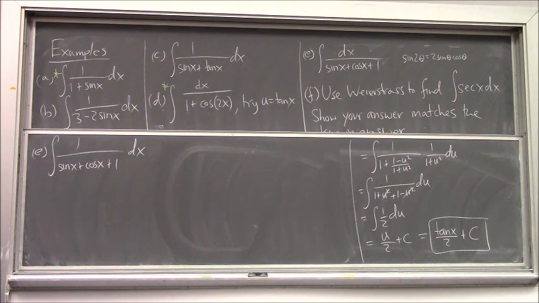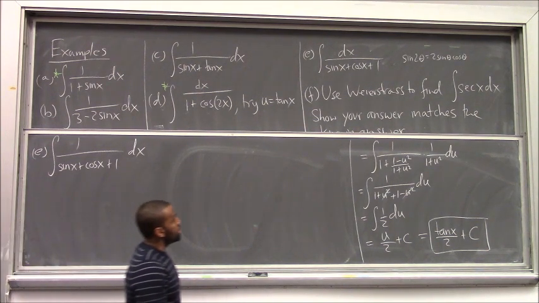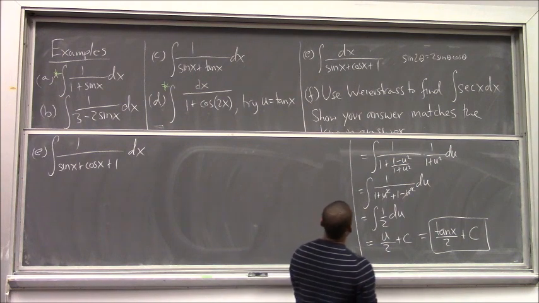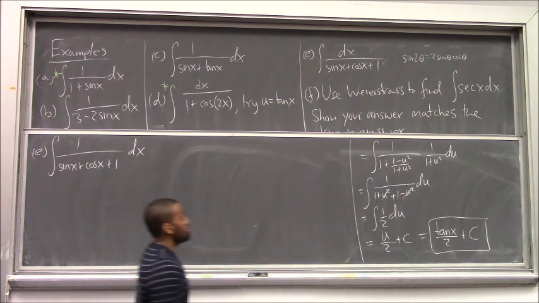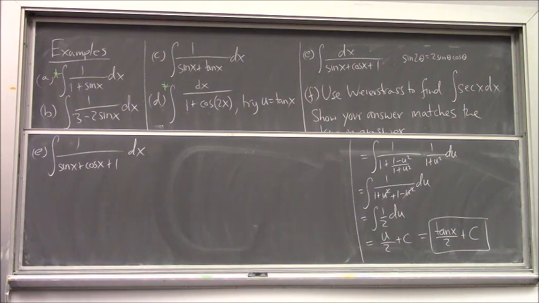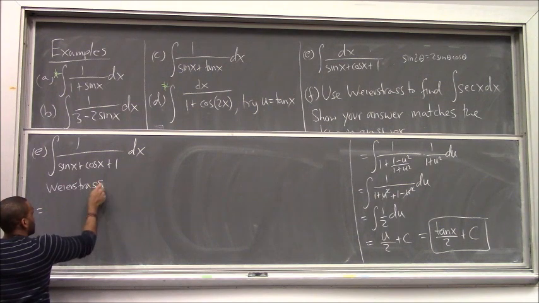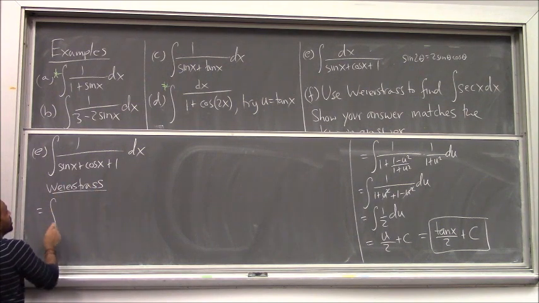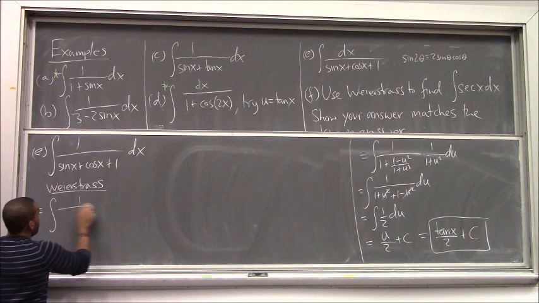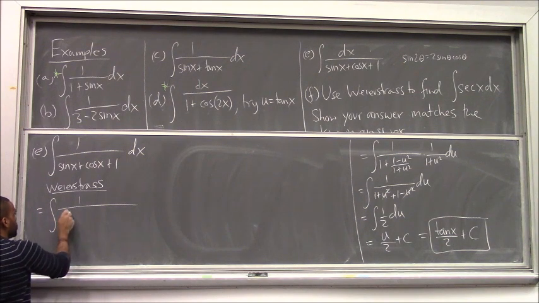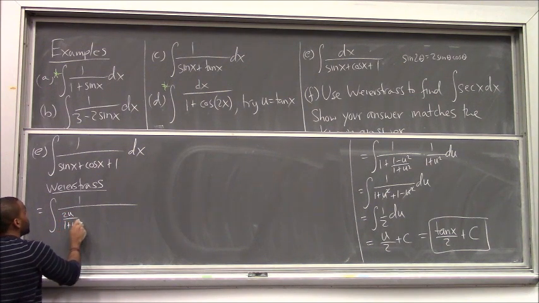So this one, again, doesn't really lend itself to a nice trig identity. So I'll just jump into Weierstrass. The sine of x is 2u over 1 plus u squared.